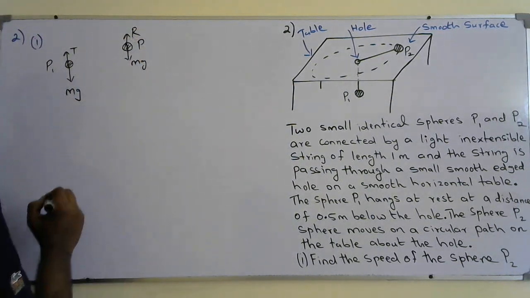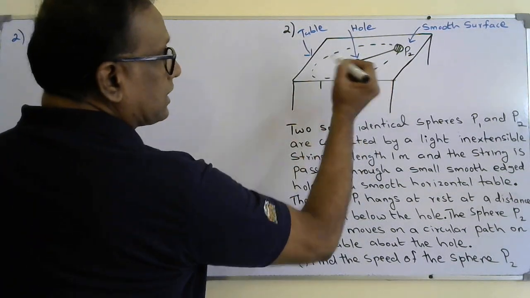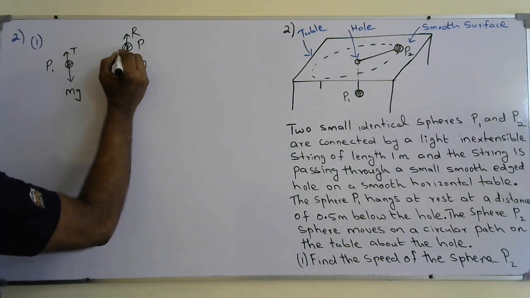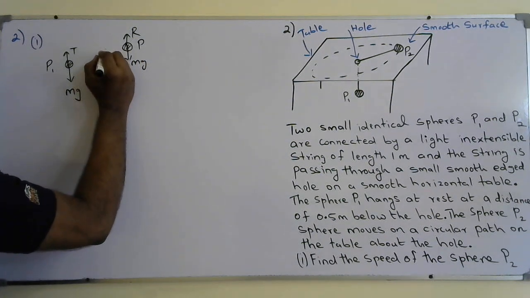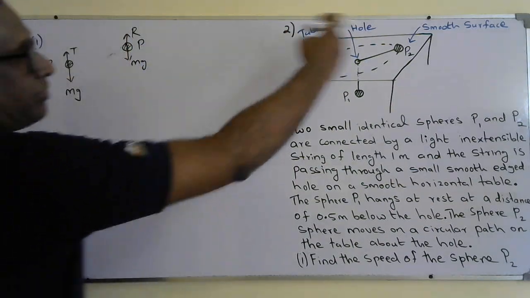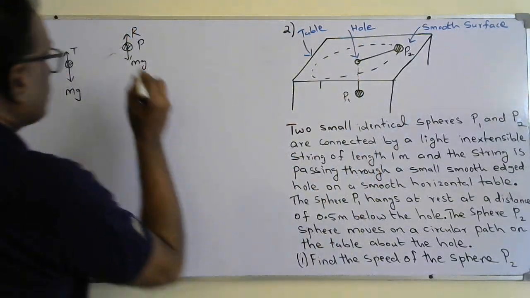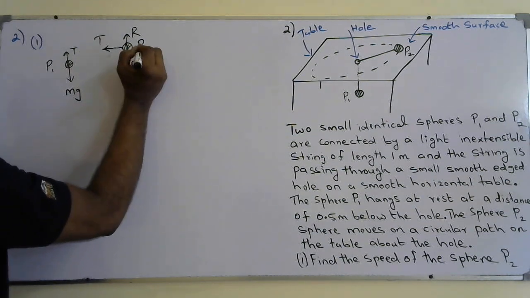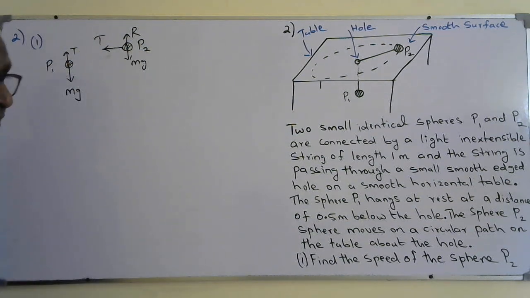They will balance each other, and there is a force towards the hole. The string is attached and passing through the hole, so there will be a tension. I can draw it horizontal also, it's not an issue. It's a three-dimensional diagram, so it looks like a slant. So the tension acts on P2 towards the center.